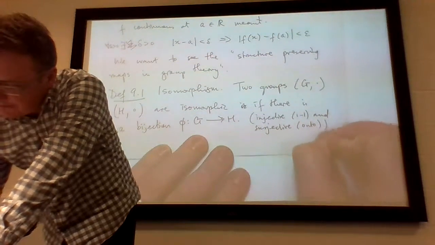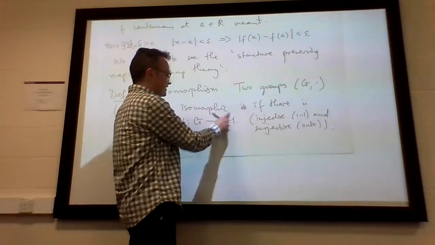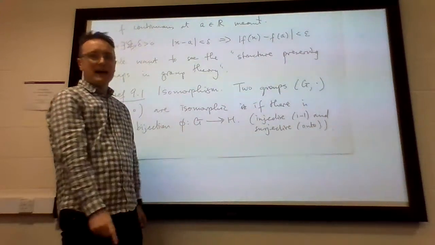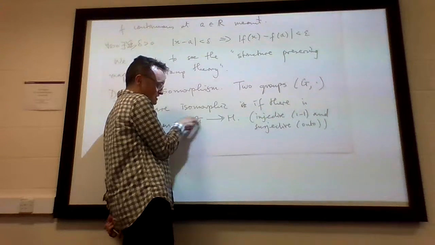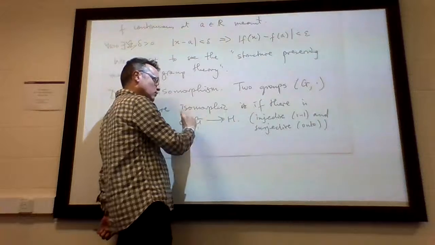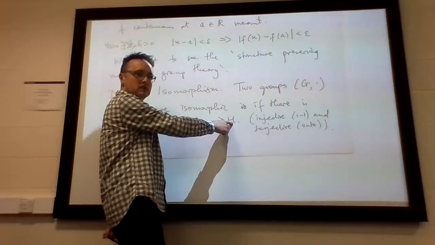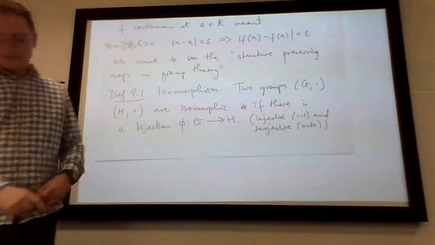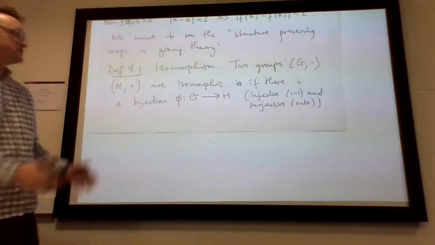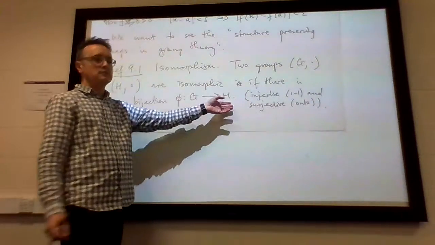So everything in H gets an element of G mapped to it, and it never happens that an element of H gets two different elements of G mapped to it. So it's a one-to-one, an exact pairing of elements from G with elements from H. So those are the nicest kind of functions between two sets. You can only have a bijection between two sets that have the same number of elements.